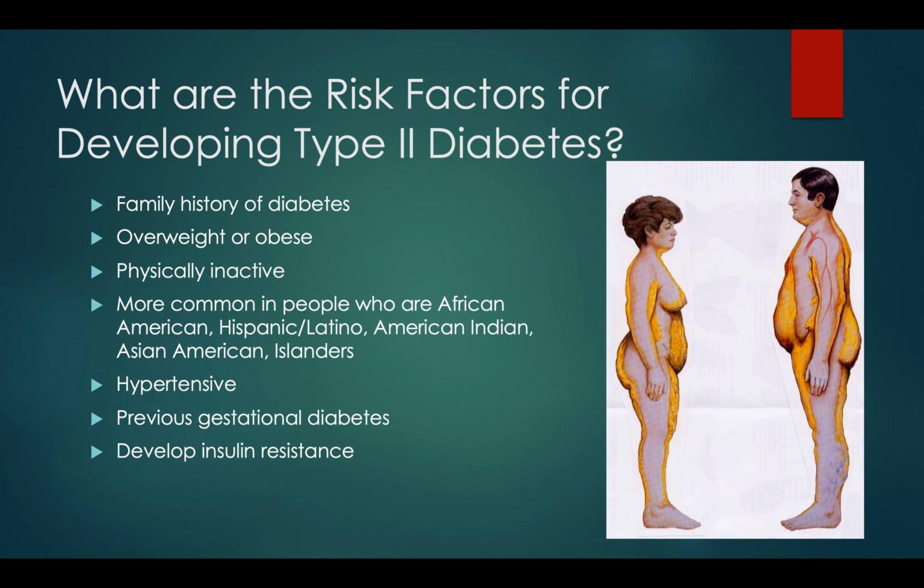There is a correlation between long-term hypertensive condition and a greater risk of developing diabetes. If during pregnancy a woman experienced gestational diabetes, she will be at an increased risk to develop type 2 later on in life. And if you have developed or are developing a condition called insulin resistance.